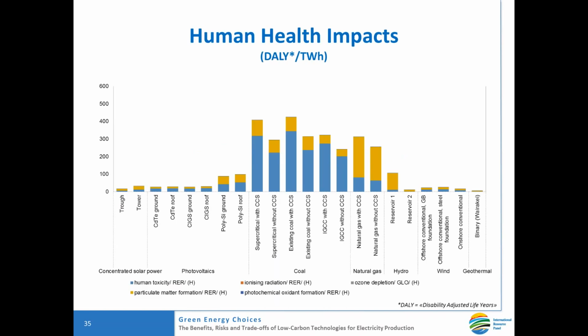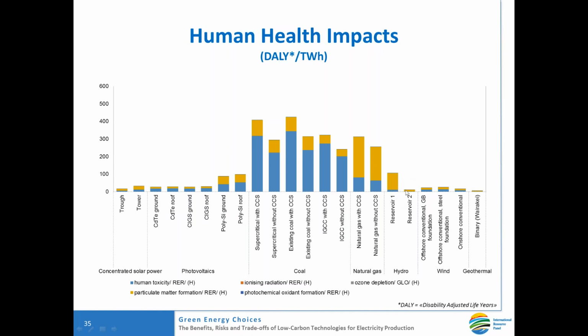So these are basically now all the results of the different technologies next to each other. And what we can see in the middle here are the coal technologies and the gas technologies with and without CCS, and we see these patterns that they're quite high. And then to the left we have photovoltaics and concentrating solar power. These technologies offer low human health impacts, a little bit higher for the silicon-based solar cells.